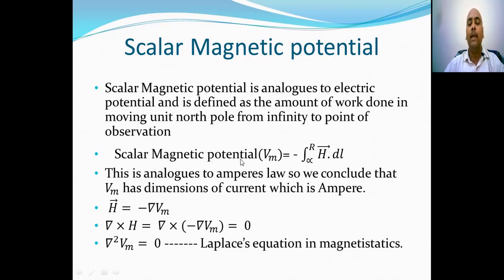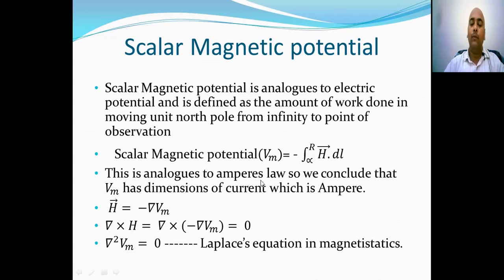Scalar magnetic potential, designated as Vm, can mathematically be defined as minus the integration from infinity to r of H dot dl, which is exactly analogous to electric potential.